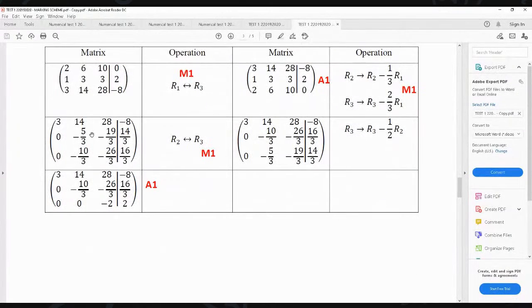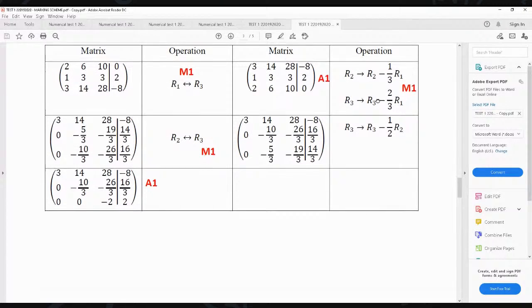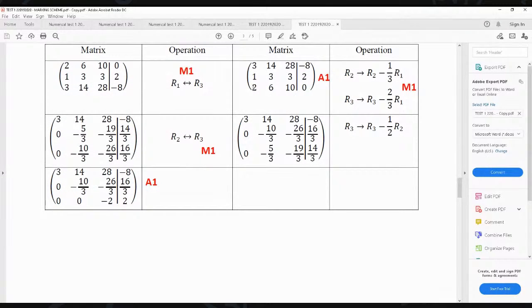For the third row also, how to make 2 be 0? By 2 minus 2/3 times 3. So the answer is 0. How to change a32? 6 minus 2/3 times 14.